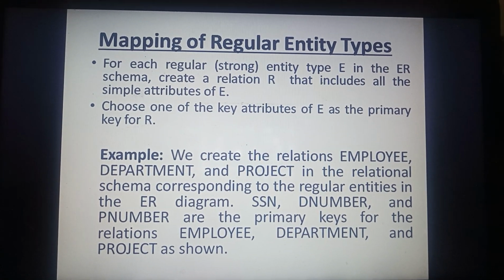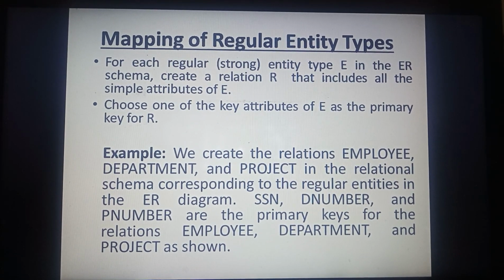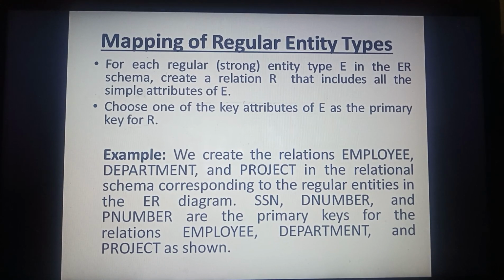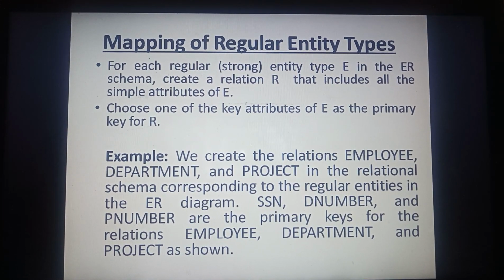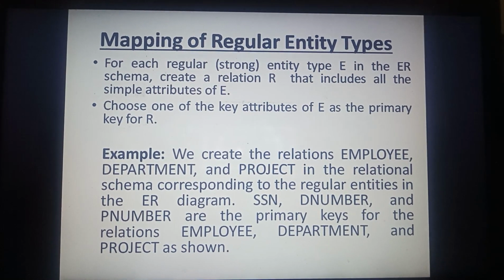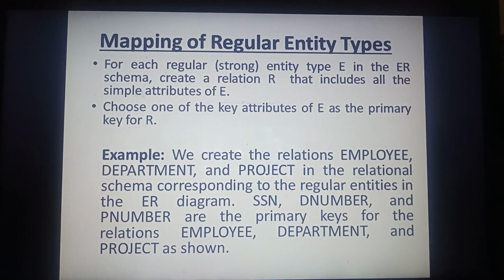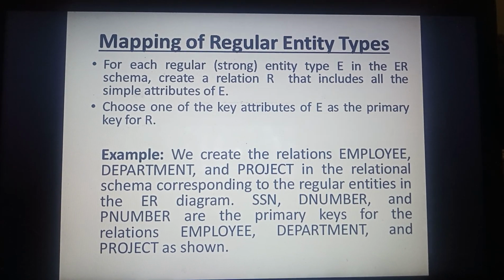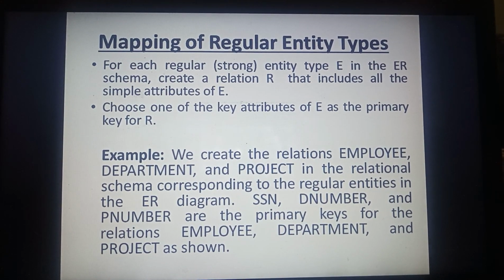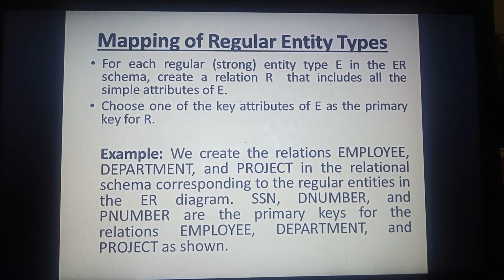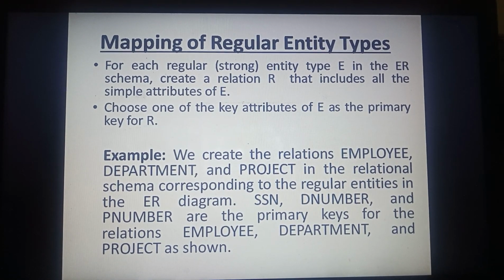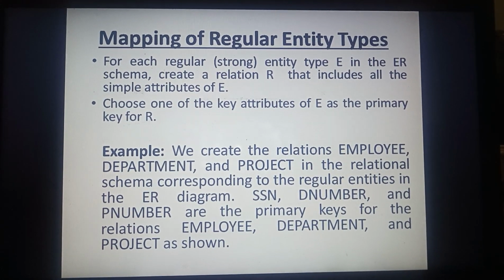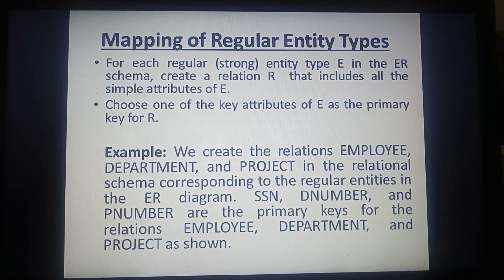For each regular or strong entity type E in the ER schema, create a relation R that includes all the simple attributes of E. Choose one of the key attributes of E as the primary key for R. For example, we will create relations employee, department and project in the relational schema corresponding to the regular entities in the ER diagram. SSN, D number and P number are the primary keys for the relations employee, department and project.